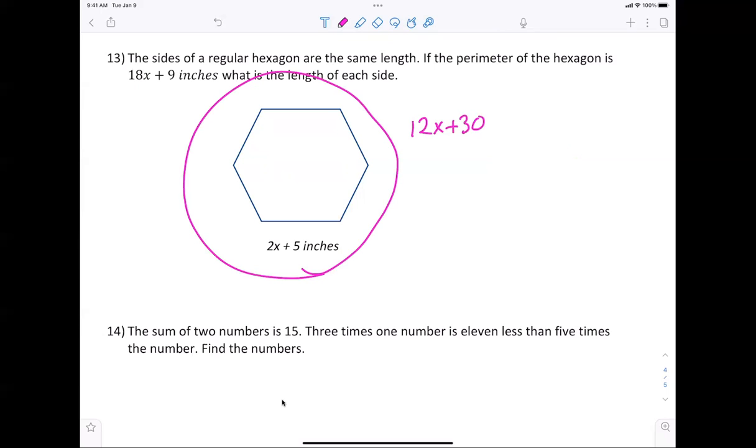But it's also saying that the perimeter is what? And so those two things are equal. So you can put 18x plus 9. Now we're going to solve it real quick. Everybody's doing this on your calculator or however you're thinking about it.